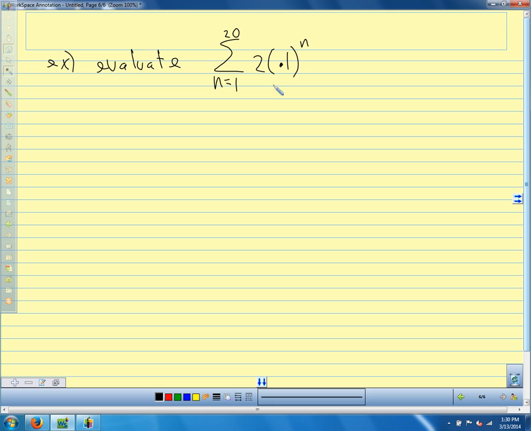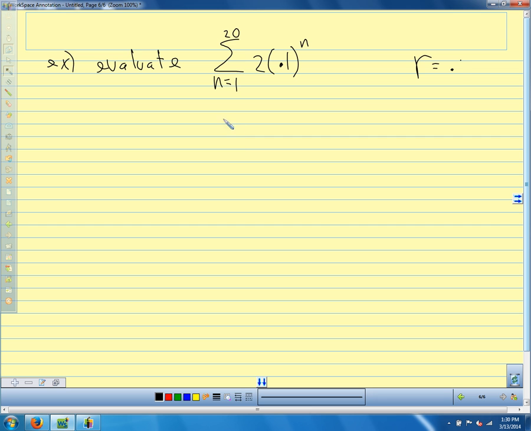So first off, is this a geometric series? We're saying kind of, sort of, thinking yes. What would be our common ratio? R is going to be 0.1. And if you're not sure, you could write out some terms.